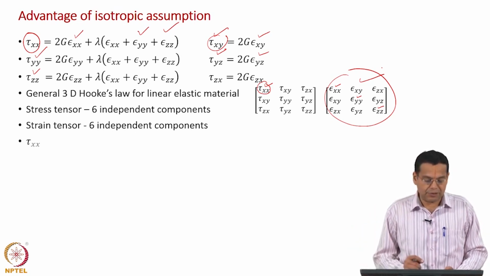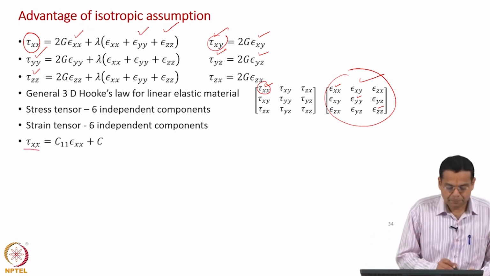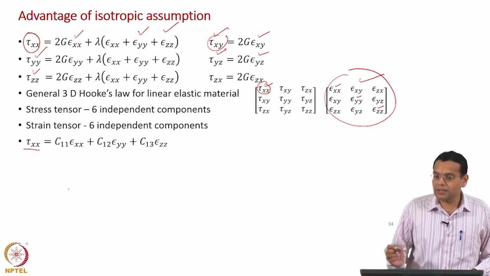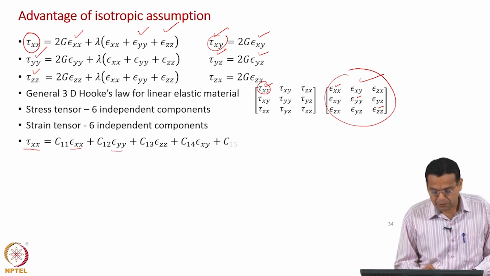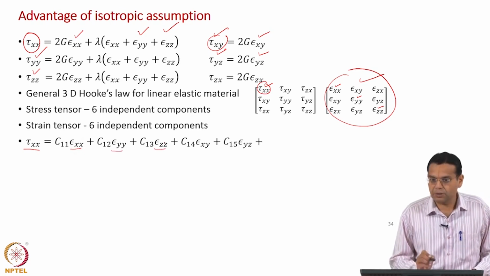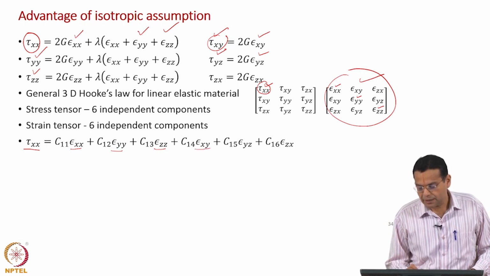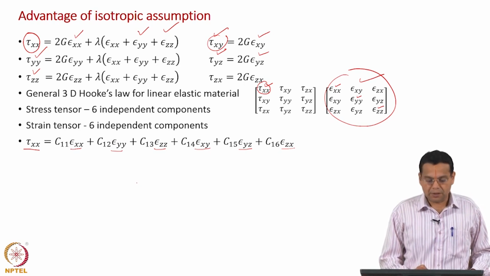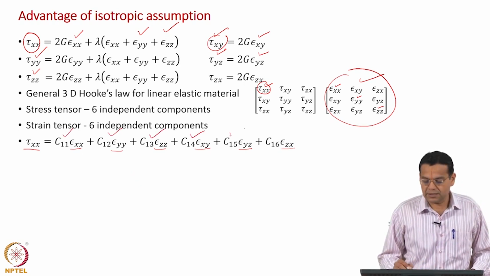Let us write one equation as a sample. Tau xx, if we assume it depends on all 6 strain tensor components, has epsilon xx, epsilon yy, epsilon zz, and not alone that, but also epsilon xy, epsilon yz, epsilon zx. Now, look at the constants. How many constants? We have 6 constants here.